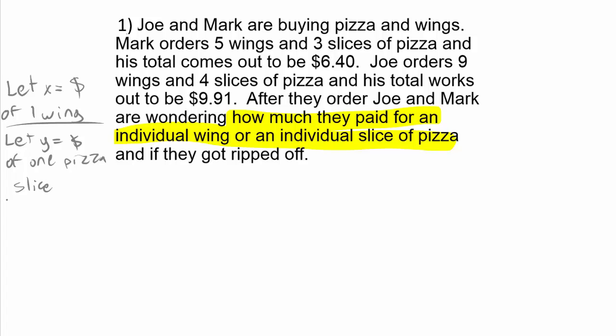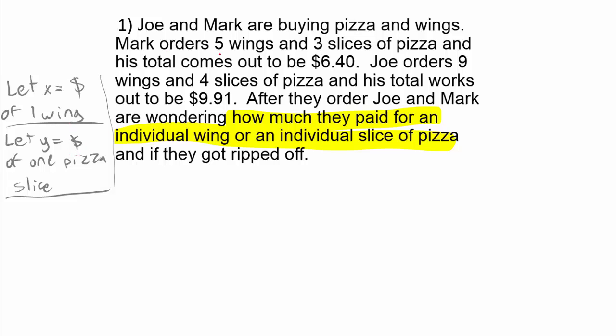And now from this point, it's going to be a lot easier to set up because we understand what we're solving for. I know that at the end, when I get x and y, x is the cost of a wing, y is the cost of a slice of pizza. Do not skip this step. It's very, very important, and it helps you if you're having trouble.